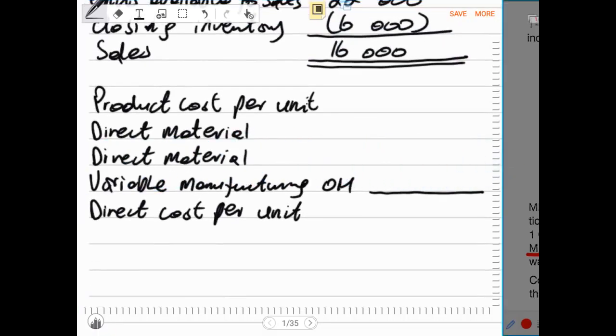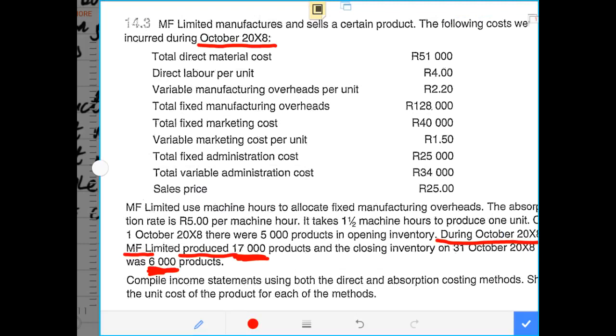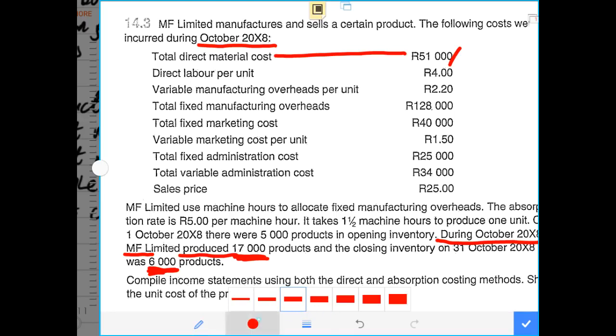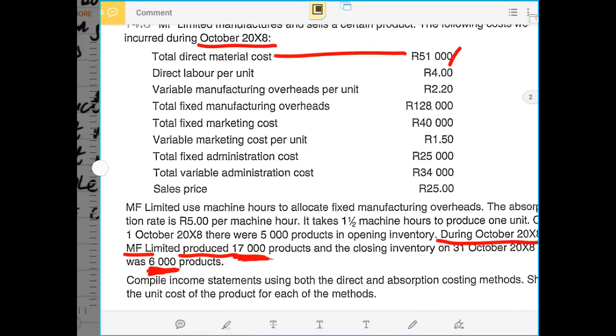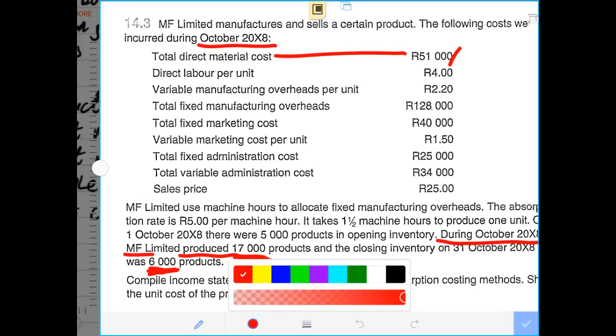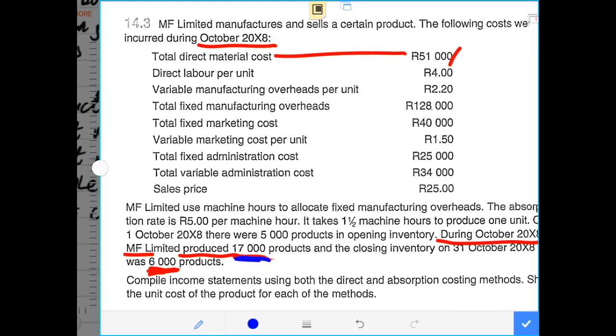So now our direct material was given to us as a total of 51,000 rands, incurred in order to manufacture the total of the 17,000 units that were manufactured. Therefore, now if you say 51,000, we divide that by 17,000, then that will give us the direct material cost per unit.